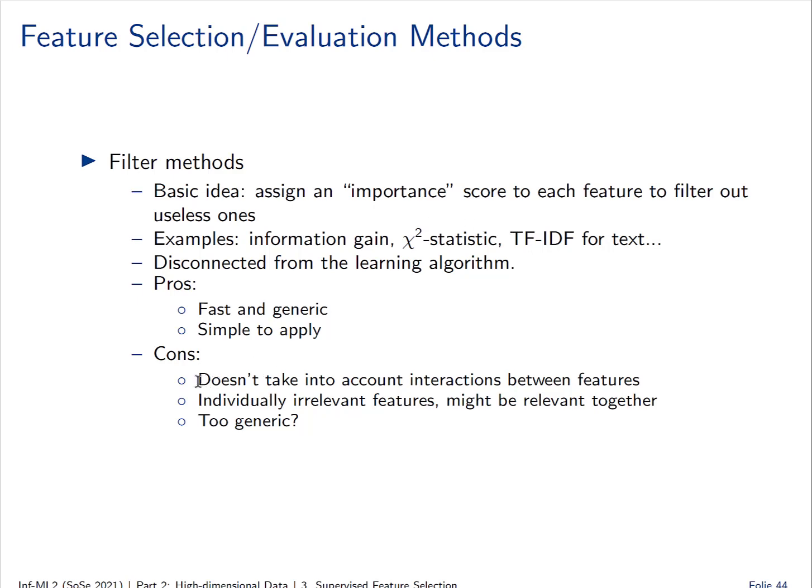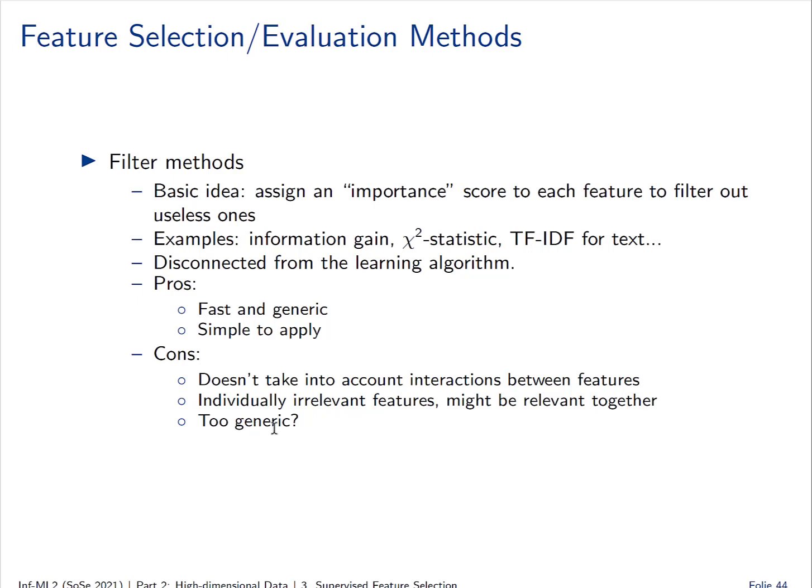The con is it doesn't take into account interactions between features, because you typically only look at each feature individually and sort them out if they behave useless, so to say. Individually irrelevant features we talked about that might be relevant together would be missed in that case. And once again, the question is whether the generic one may be too generic because it's model agnostic.